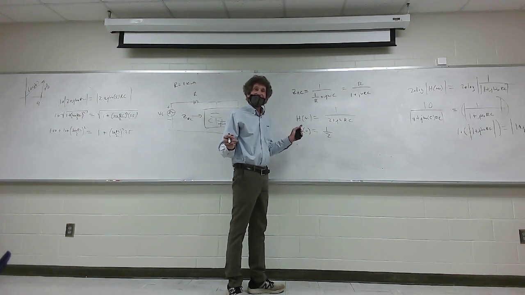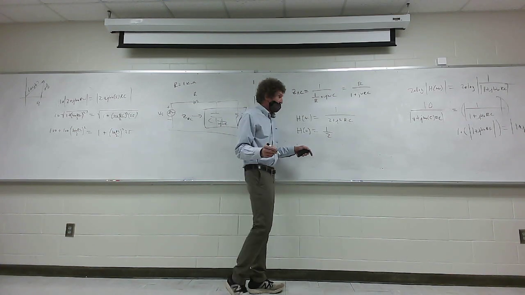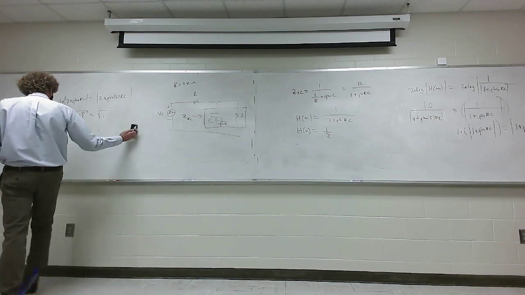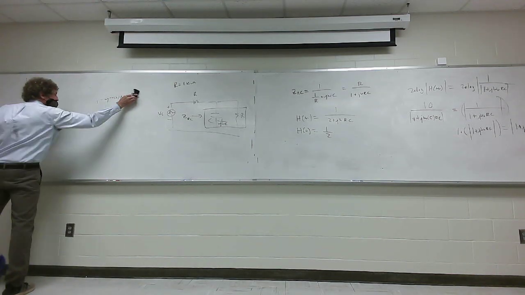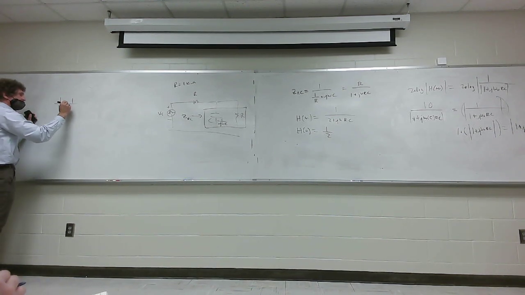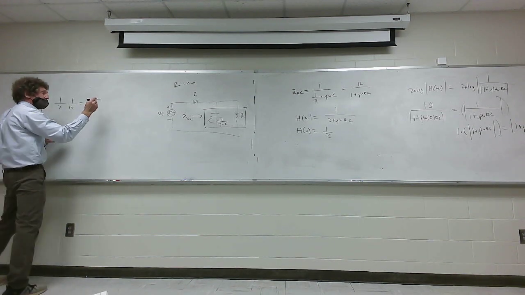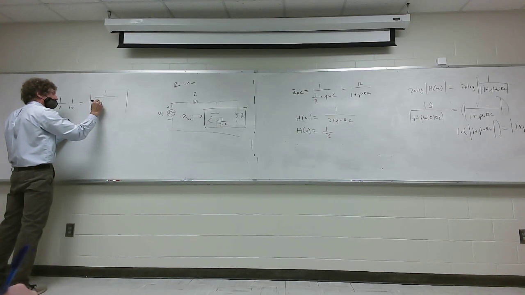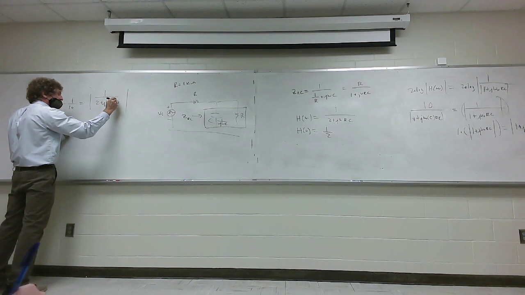Now, we want this value to be reduced by 20 dB, or 1/10 of it. Y'all follow me? 20 dB reduction would be a 10th. So if we take that value, 1/2, and I divide it like this, we want that equal to the magnitude of that transfer function, which is 1/2 plus j omega naught r times c times 5.